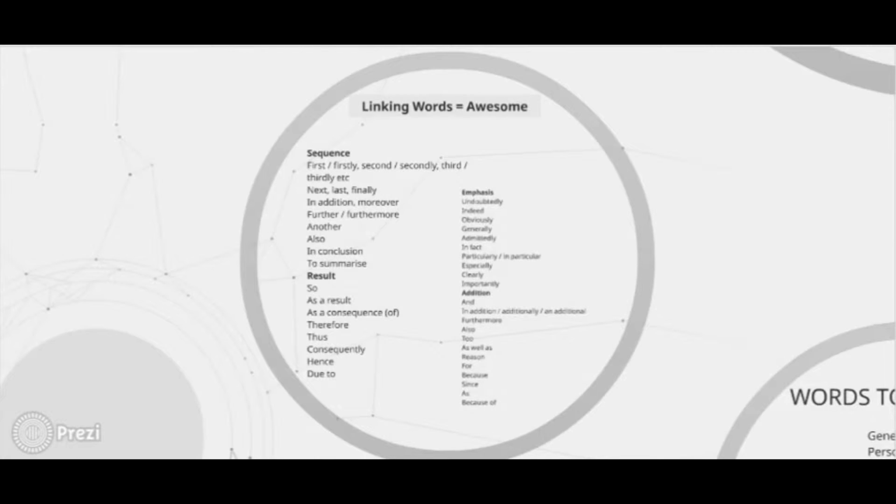For example, sequence words like first, thirdly, next, last, finally, and so on are perfect when you're starting a new paragraph. There are also other kinds of linking words, as we have stated over here, but there are also some words you're never supposed to use.